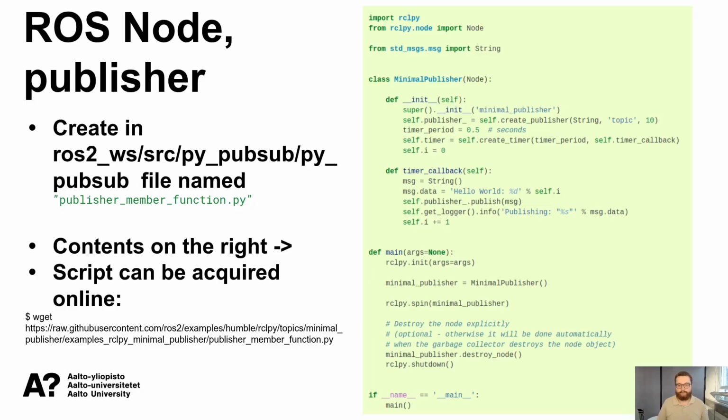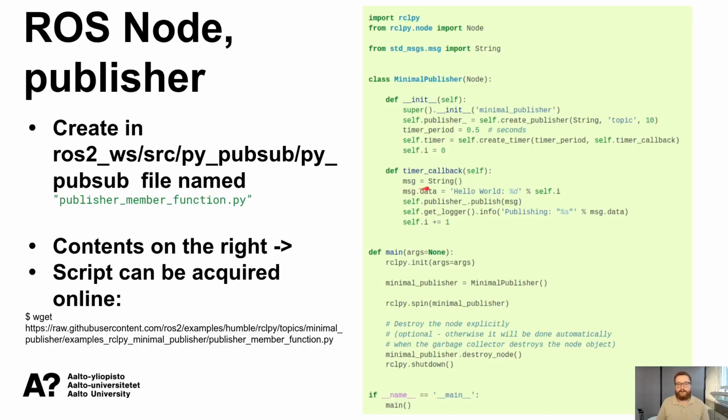we are publishing. Here in the initialization, these other lines are about creating a timer that every half a second calls this timer callback, which is the function that then actually performs the publishing with that created publisher, self.publisher_. So what we do here, we are publishing, so we need to publish a message, right?